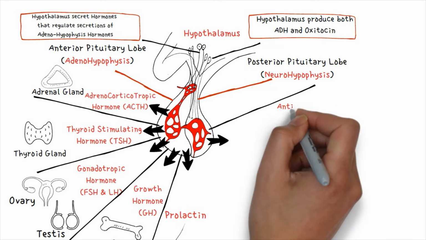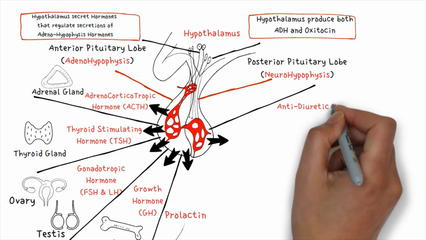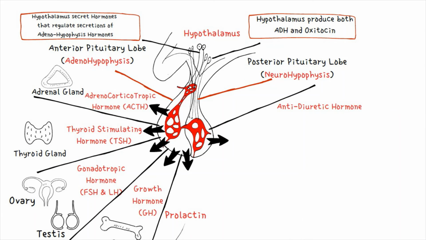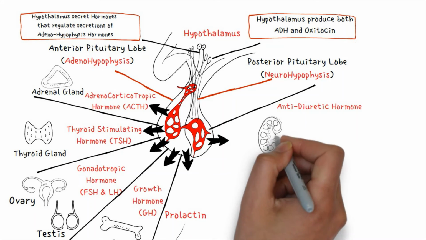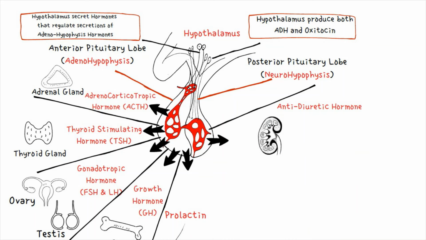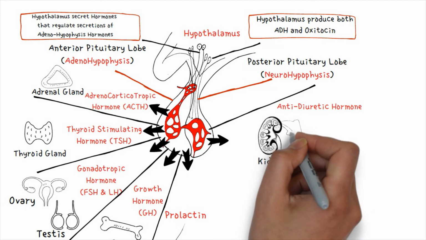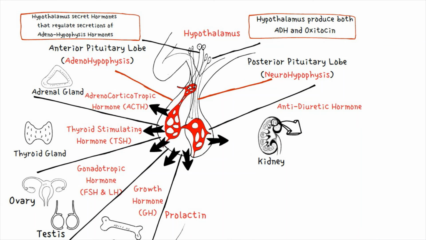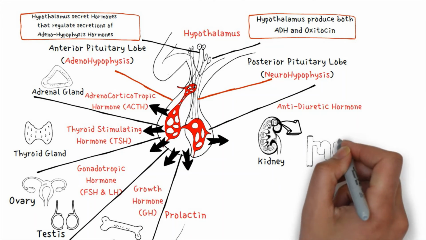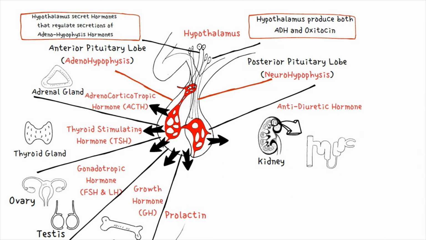So posterior lobe of the pituitary gland release antidiuretic hormone in the blood whose main function is water retention. It particularly targets the kidneys, and in that the kidney tubules where the retention of the water takes place.